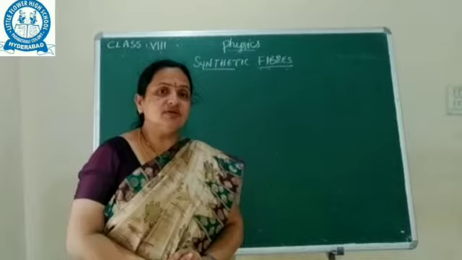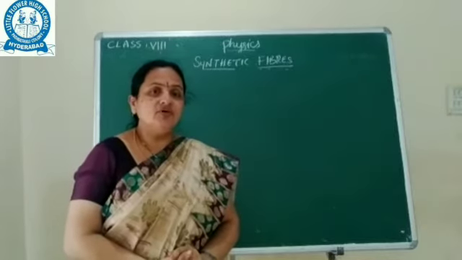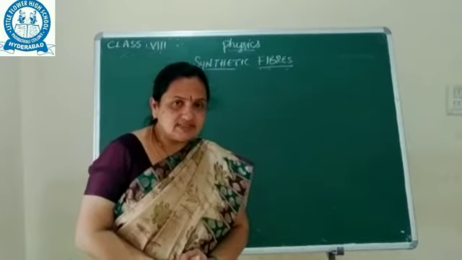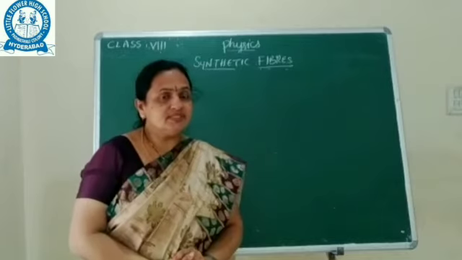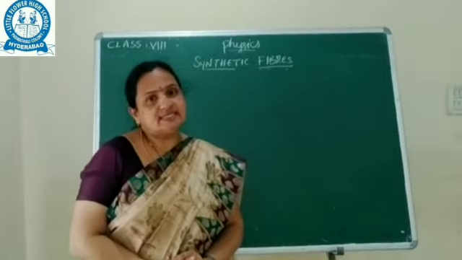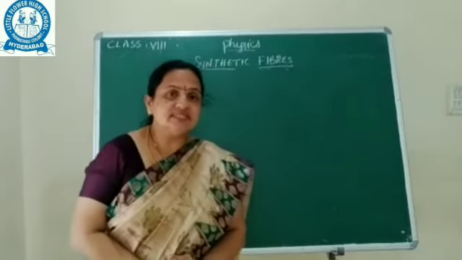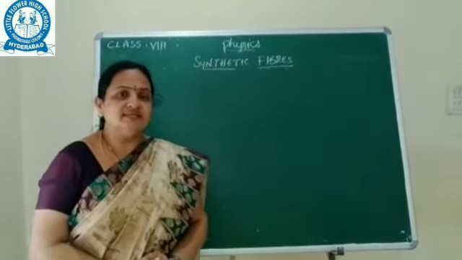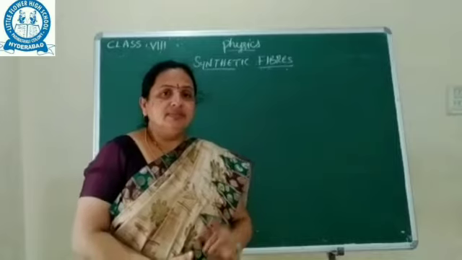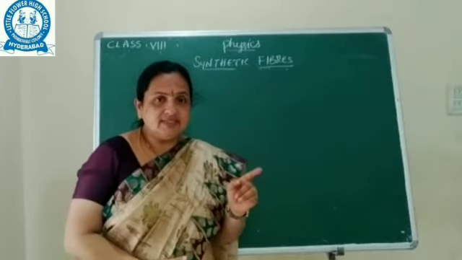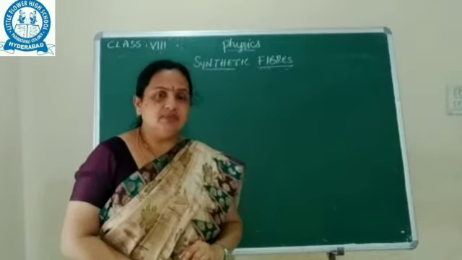You already learned how we get cotton fibers, which you studied in 6th standard, and in 7th standard you studied silk, how we get silk from animals. The cotton is from plants and silk is from animals.